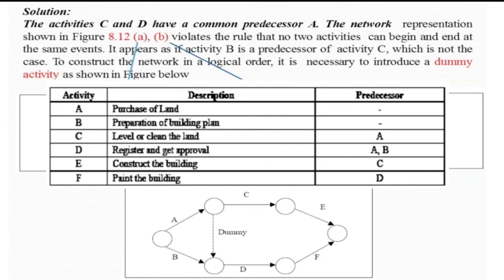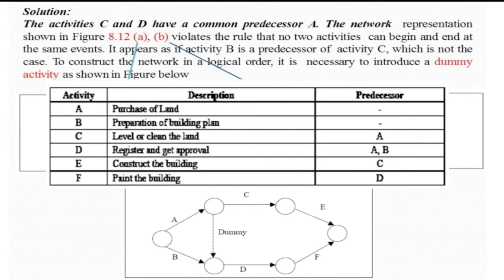In the preparation of building plan, there is no predecessor, so they start on the same event. And then you introduce here a dummy, so that we can comply with the given matrix, which lets activity C have only the predecessor A. So in this case, activity C is preceded by A. So this is now correct.